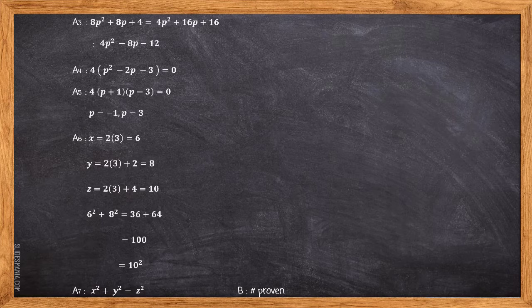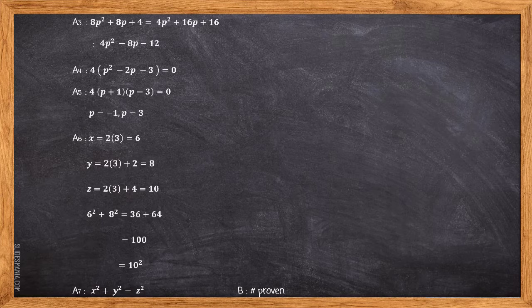A4: p squared minus 2p minus 3 equals 0. A5: p plus 1 multiplied by p minus 3 equals 0. P equals negative 1 and also p equals 3.